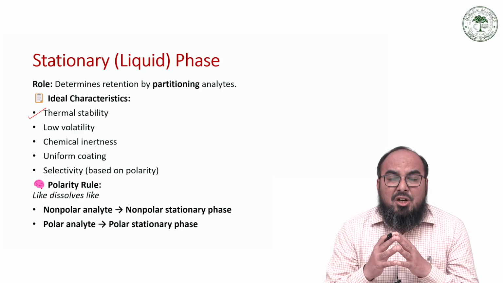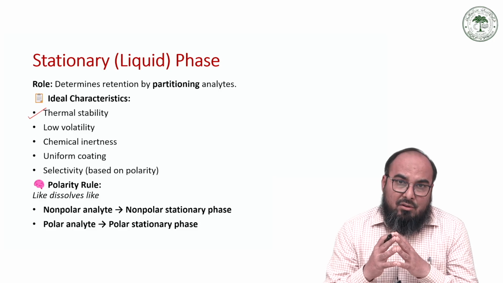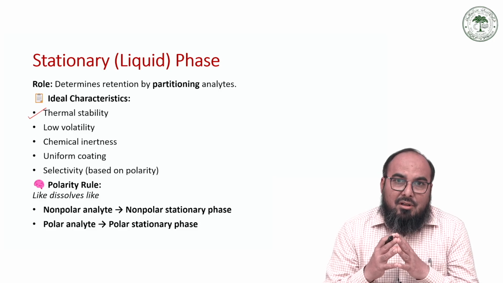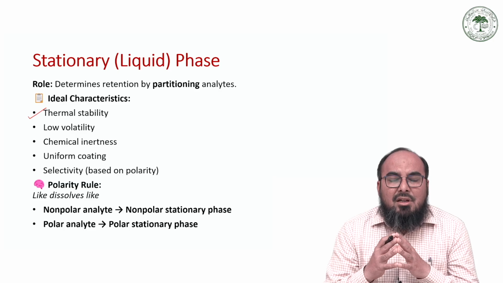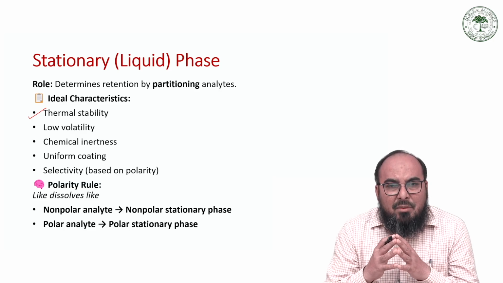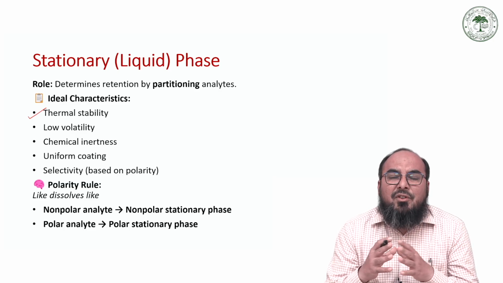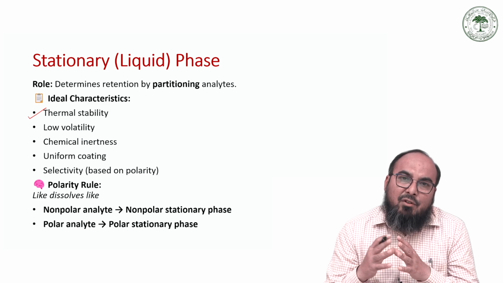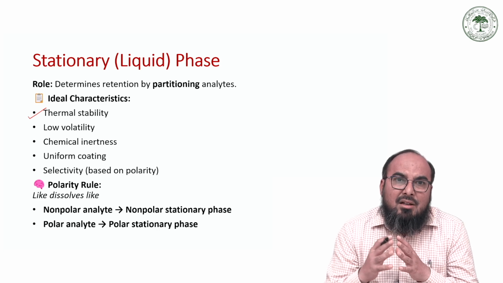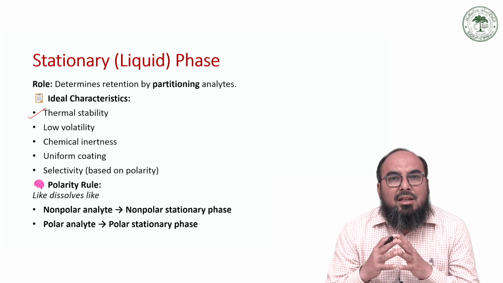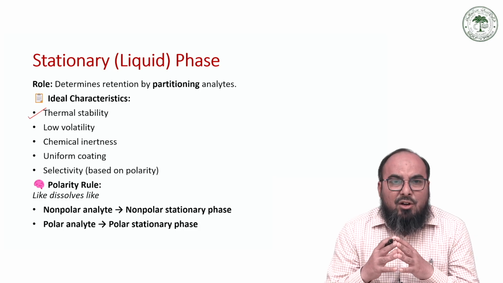The stationary phase must be 100 degrees above the working temperature. Otherwise, there may be chances that your stationary phase becomes unstable, and it will also start eluting with the sample. That is also called column bleed, which we are going to study.